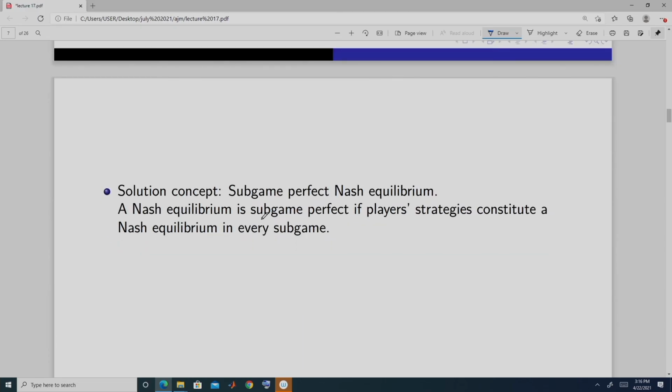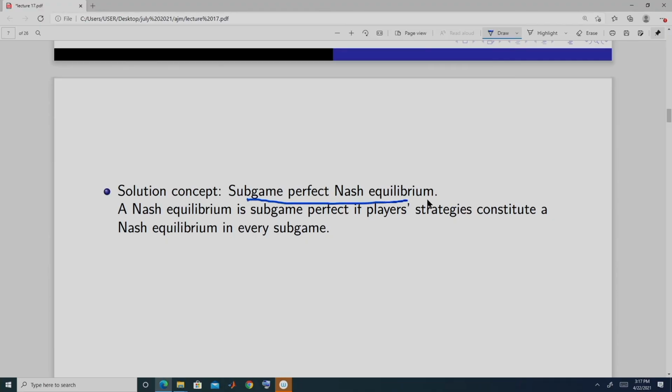Now, we will discuss some solution concepts. We have done backward induction. While using backward induction, we were moving from the last subgame backward, and we tried to find the Nash equilibrium at each stage.